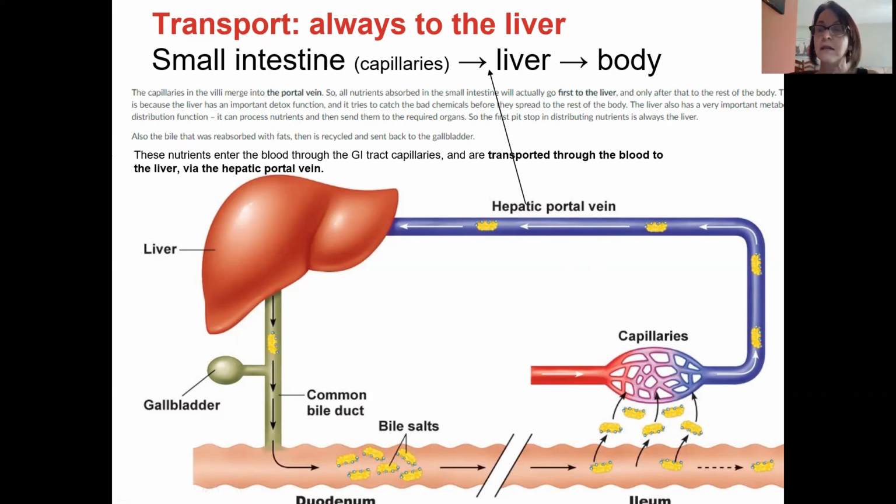The reason it has a function in metabolism, so it will decide what to do. Do you need energy? Do you need something else? But it also has a detox function, so it means it has a set of enzymes or systems, some people refer to this as systems, to detox or to remove this from your body.